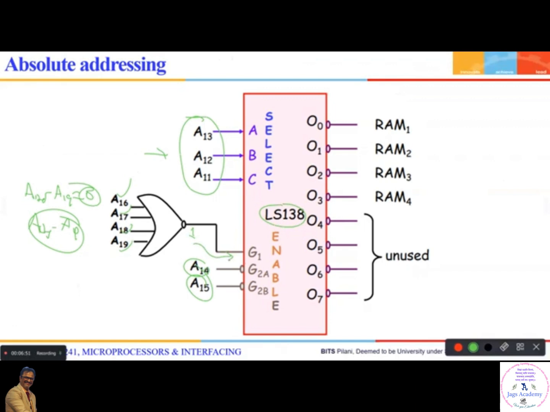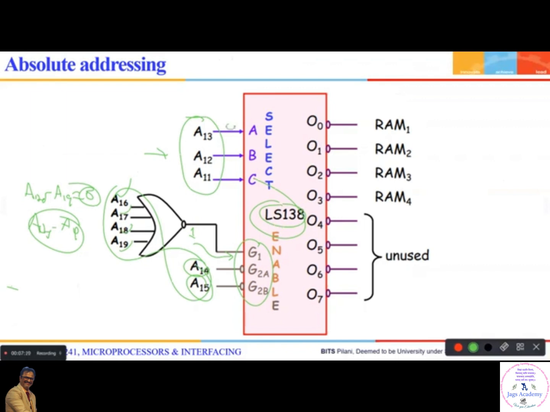That means the content of the address lines A14 to A19 is used to enable this particular decoder logic. So done. If you do this, your entire address decoding is done. See here, this is connected to RAM 1, yes or no? Why does this have to connect to RAM 1?